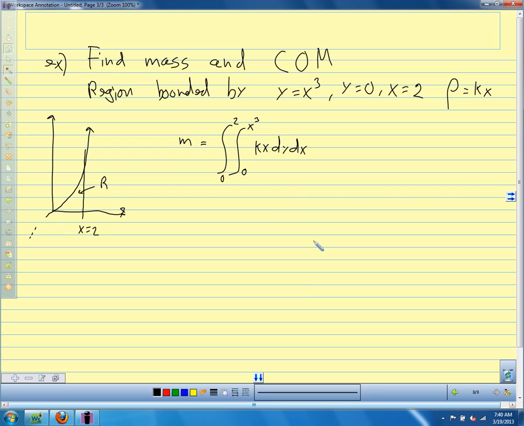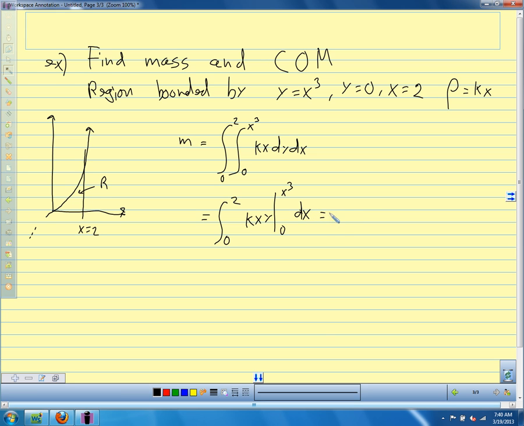So we evaluate this integral. We'll evaluate the inner integral. We're integrating with respect to y. So we get kx y, evaluated on 0 to x to the third, and we still have our dx out here.